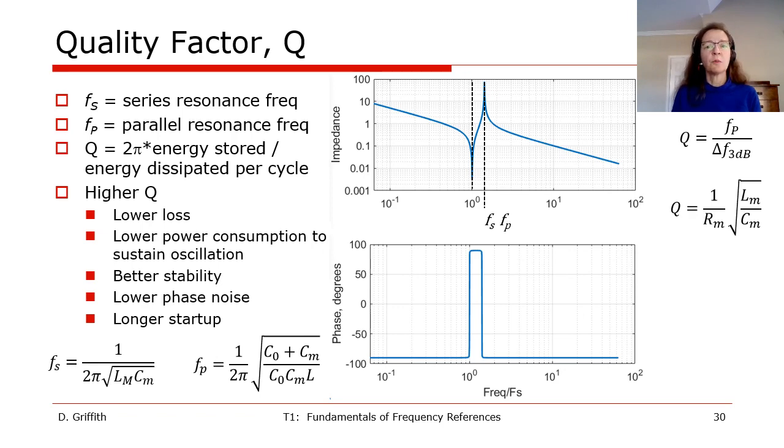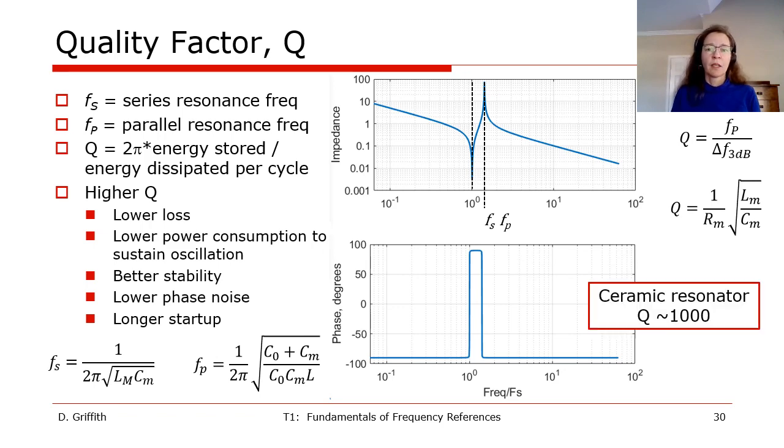A higher Q means that there's less loss in the resonator and that the impedance peak will be higher and sharper, leading to less energy required to sustain the oscillation, better frequency stability, and lower phase noise, which are all desirable. A higher quality factor also means that the oscillator startup time will be longer, which is usually not desirable. The quality factor of a ceramic resonator is around 1,000, while it's closer to 30,000 for a crystal.